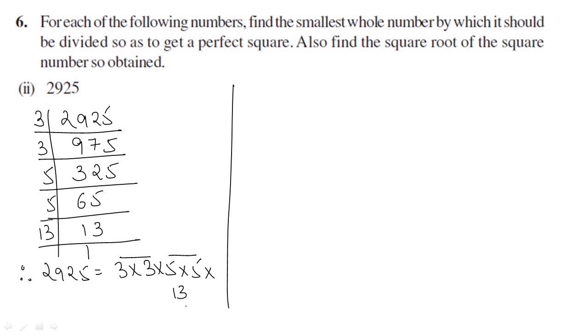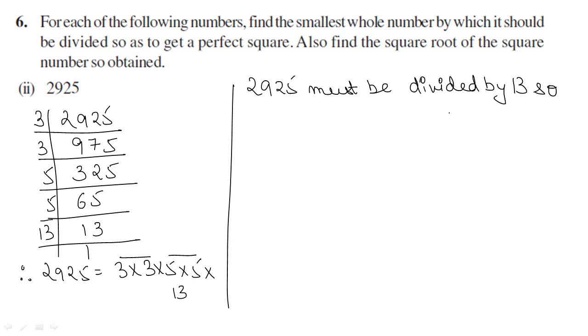Now it is the case of division, right? So we will be writing 2925 must be divided by 13 so as to make it a perfect square, right?